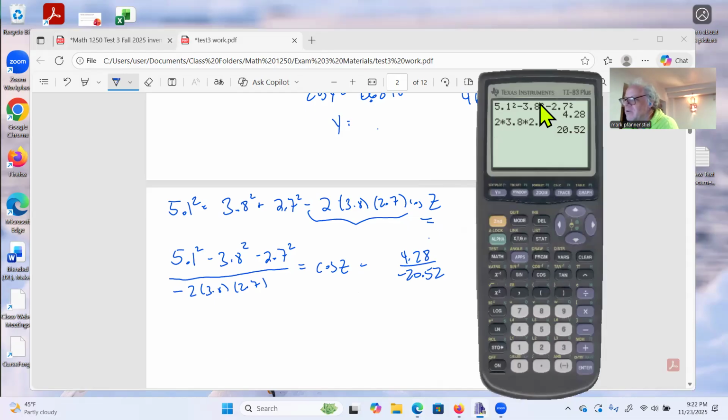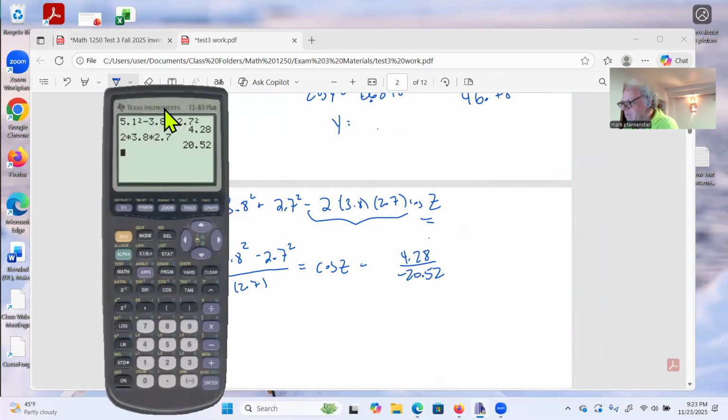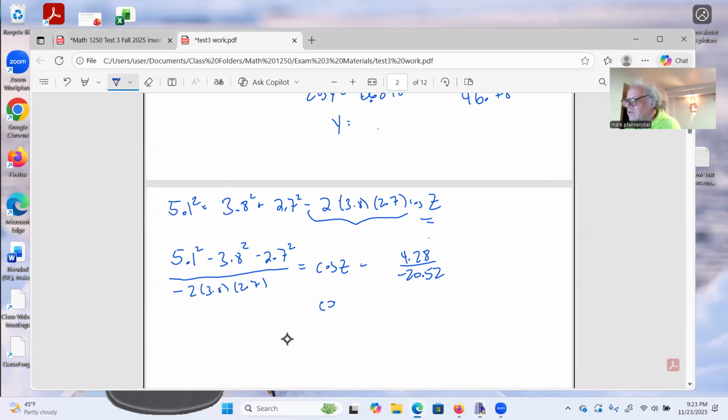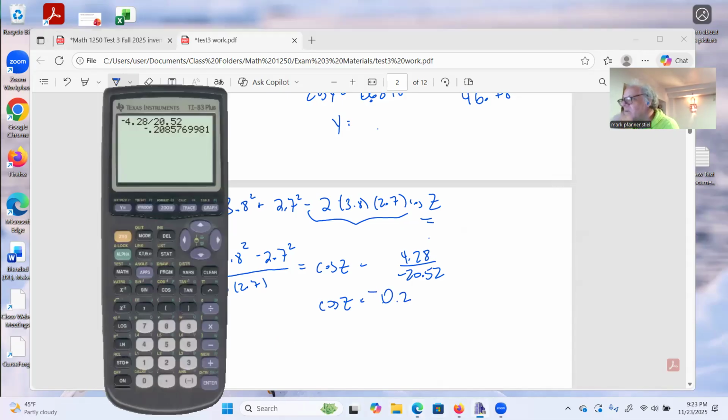Last thing we have to do is figure out cosine z. We've got 4.28 divided by negative 20.52 on the bottom. That's my cosine z, which equals negative 0.209. That means we're going to get an obtuse angle.